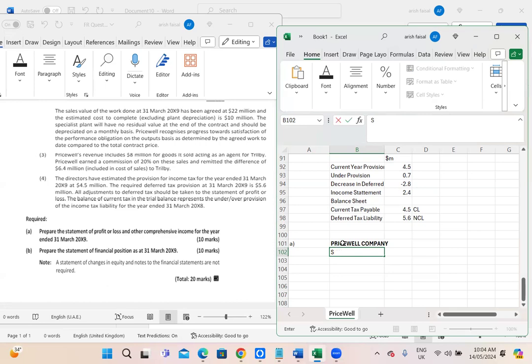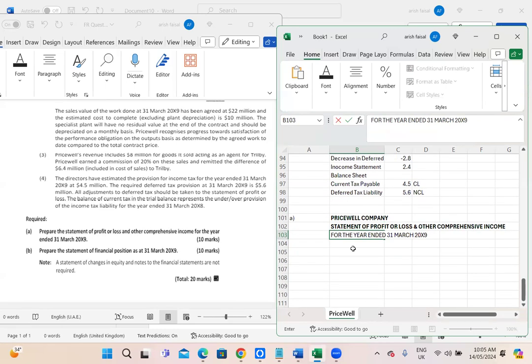So that's your statement of profit or loss and other comprehensive income, and lastly the period, which is for the year ended 31st March 2009. Okay, so that's the formatting, and you can go in thousands here.